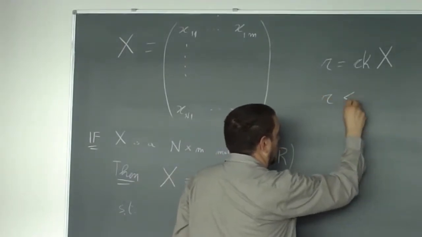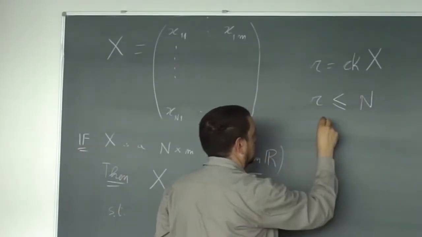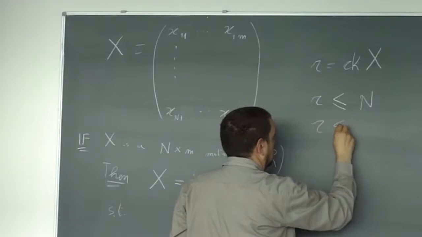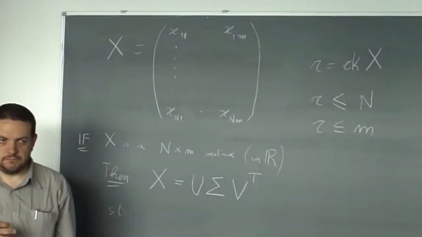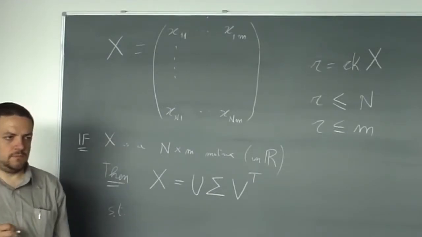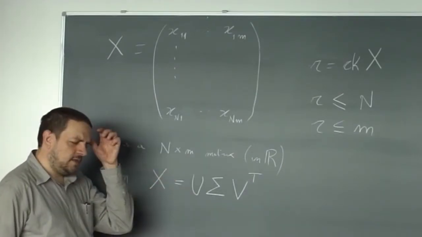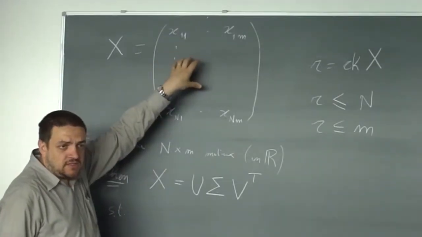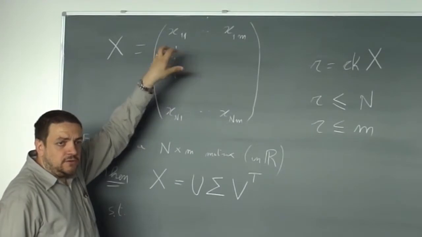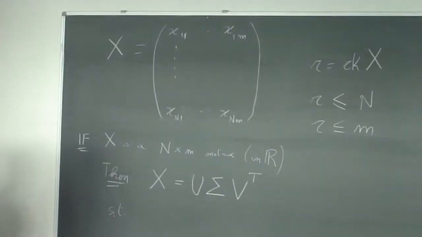The rank is always less than or equal to the number of rows and to the number of columns. You can define it in lots of ways. For example, it is the size of the largest square submatrix that is non-singular, so that has a non-zero determinant, or that is invertible.